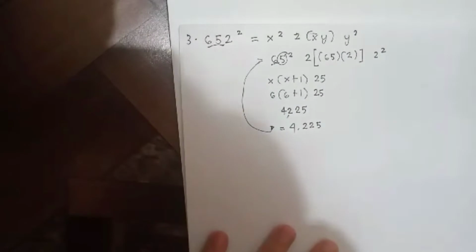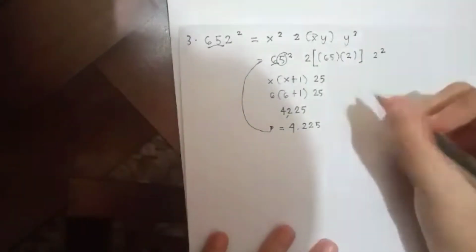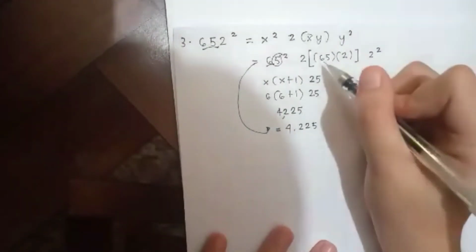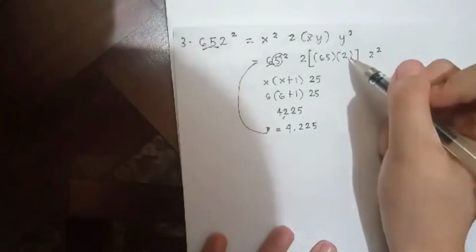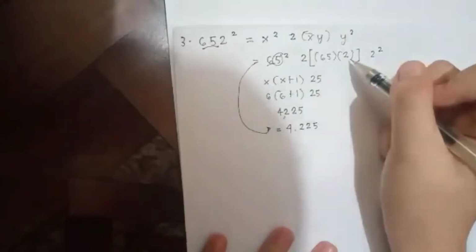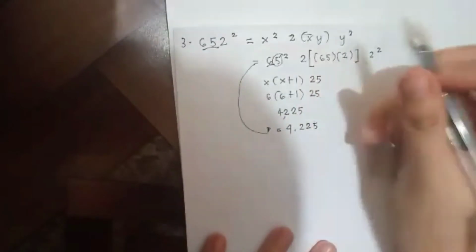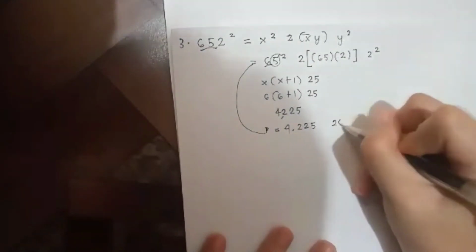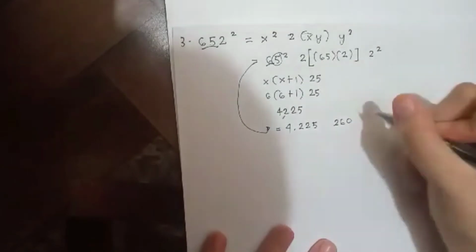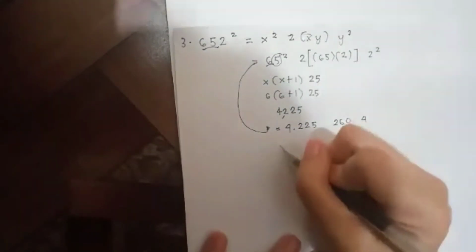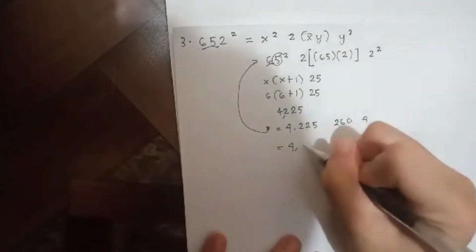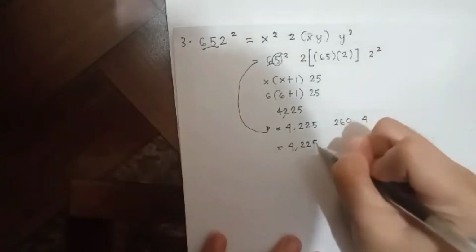So since we know that 4,225 is the square of 65, we're going to copy it, and 65 times 2 is 130, and 130 times 2 is 260, and 2 squared is 4. So now we're going to copy 4,225.